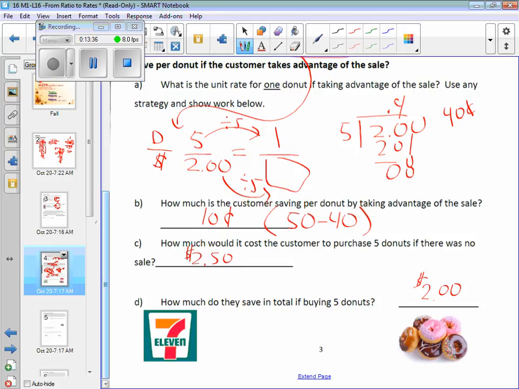How much do you save in total? I'm getting there. Original minus discount equals sale price. 0.50. Okay. Try the next one on your own. Bring it up to me when you're done. A little tricky, but doable. I think you're going to get it.